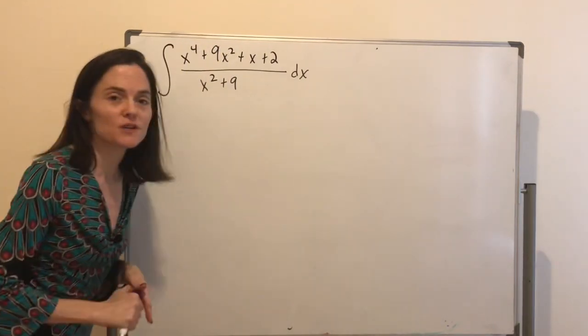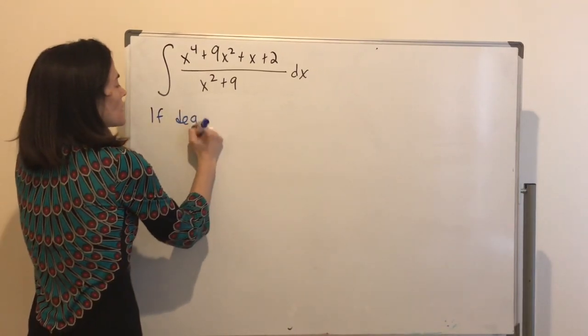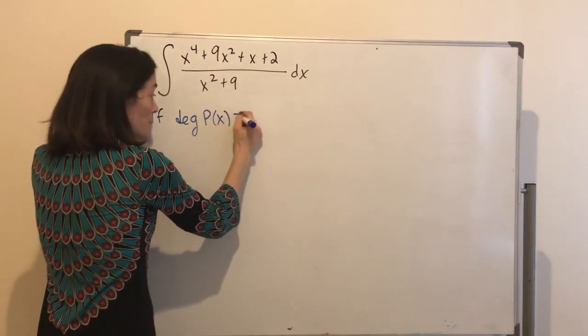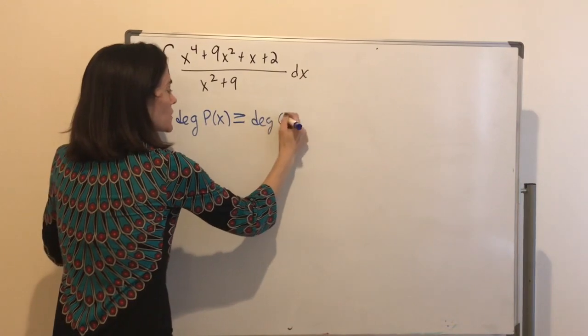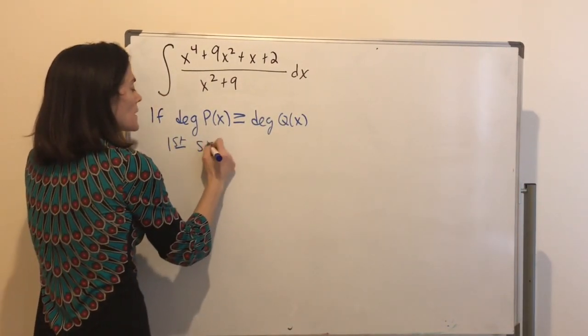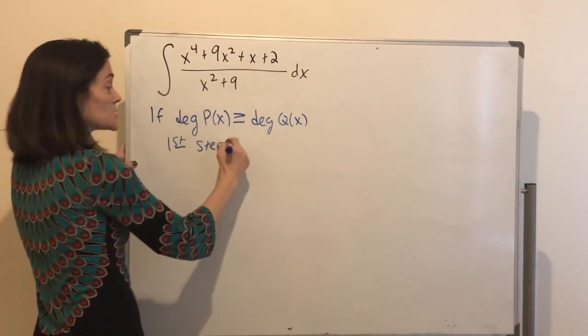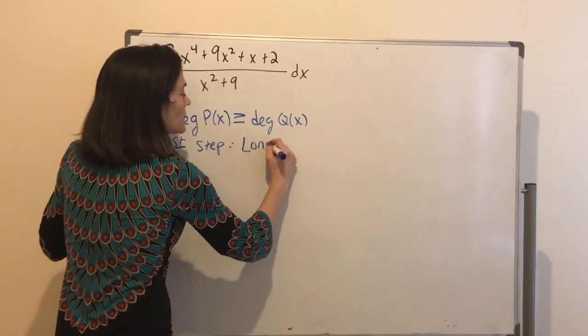So what would you do? Well, if the degree of p of x is bigger than or equal to the degree of q of x, the first step, if you have a rational function and you have this situation, we must long divide.